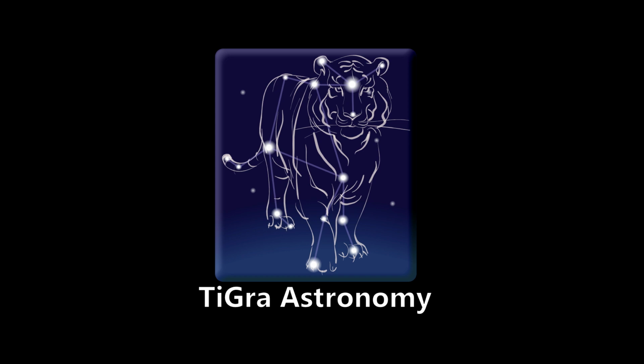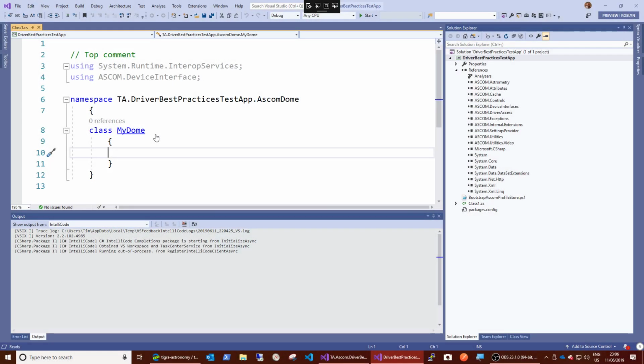So the content that's in that installer can just be placed online on the website, where it's easier to fix and update without having to make people reinstall anything. The references to the ASCOM interface assemblies, if we look at my demo solution I've got open here, come in through a NuGet package.